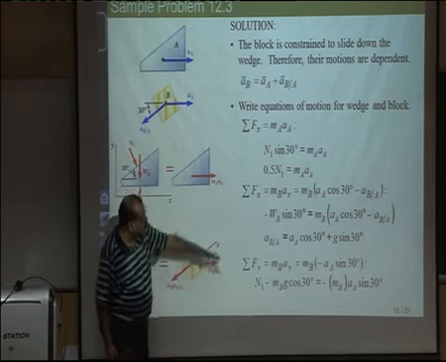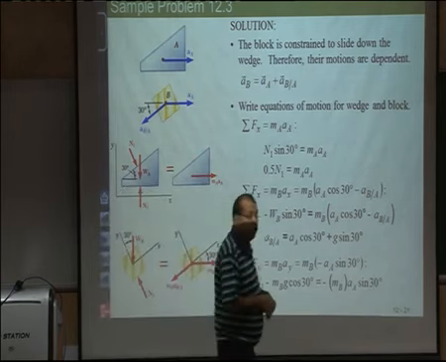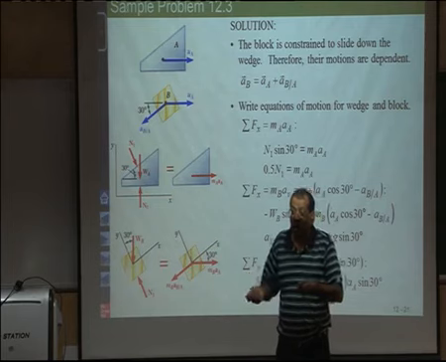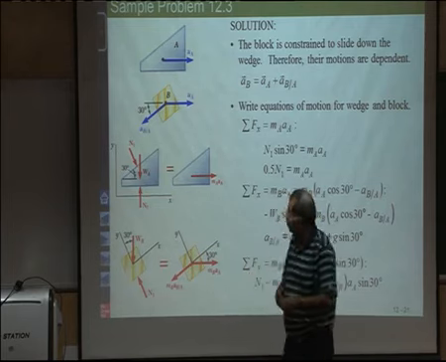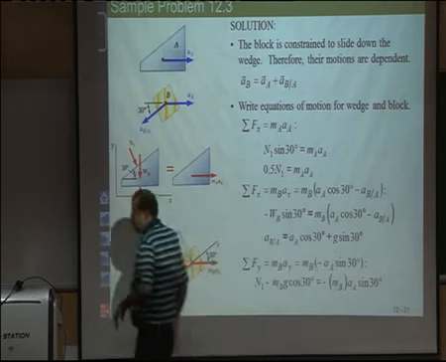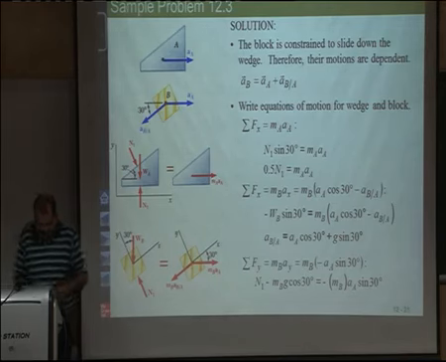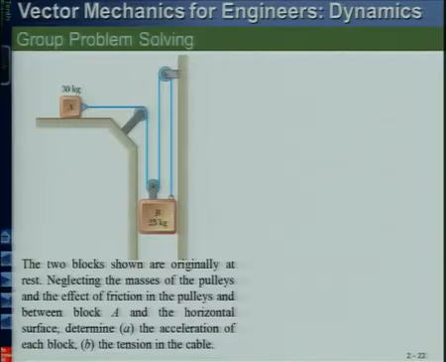Of course, some of you may find it easier to solve by pseudo force, where we apply everything in this block's reference frame, and then you will be able to get the acceleration. So this is how you solve the problem.